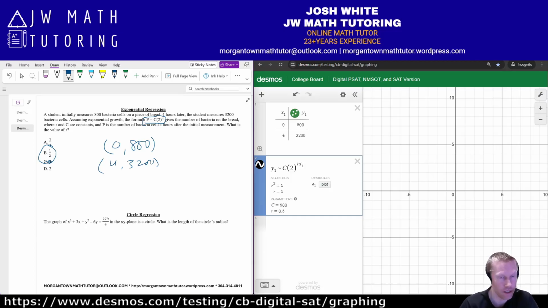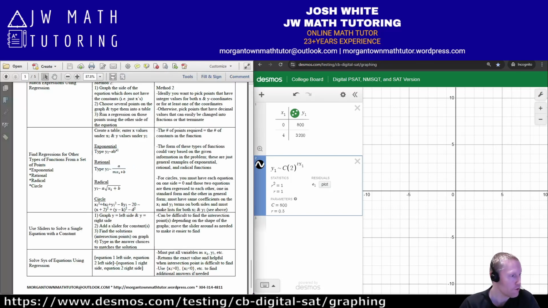All right, so that's a basic example involving regression of an exponential function. Okay, so let's go back to the worksheet now and talk a little bit about circles. The typical way you would use circle regression is you would have on one side the expression of the circle, given not in standard form.